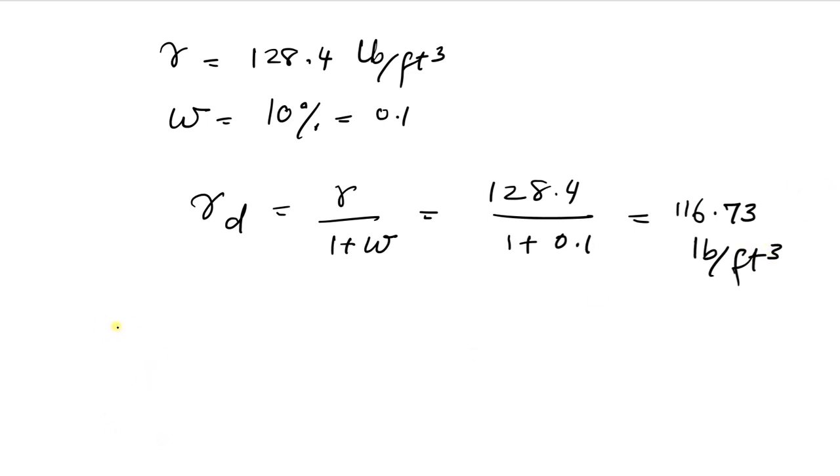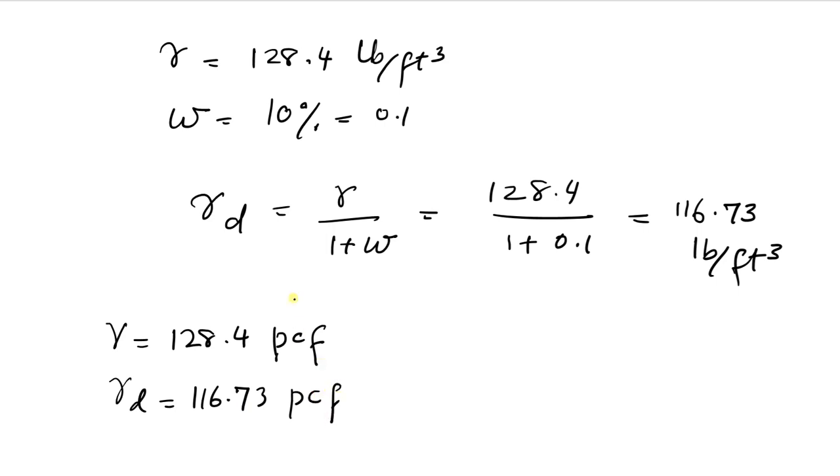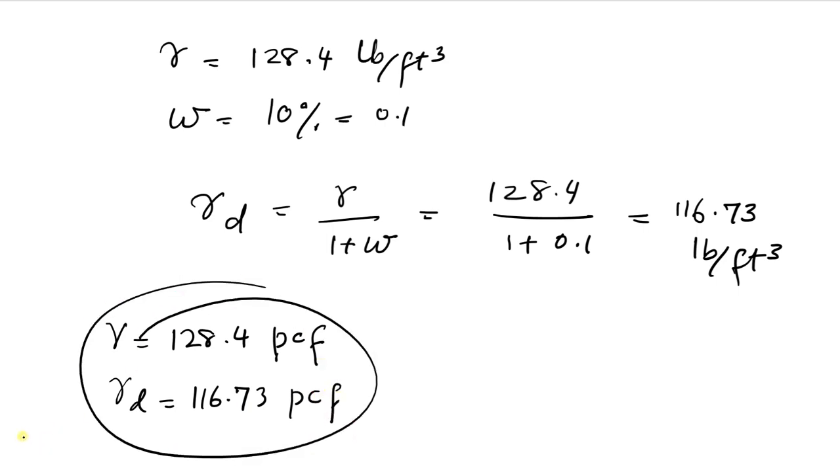So from this test, gamma comes as 128.4. Instead of writing pounds per cubic foot, sometimes we write PCF. PCF is the same, pounds per cubic foot. This is short for pound per cubic foot, and gamma D is 116.73 PCF. So this is the result of that test.